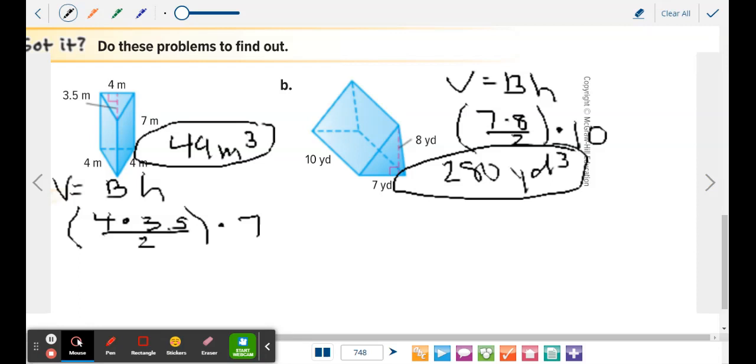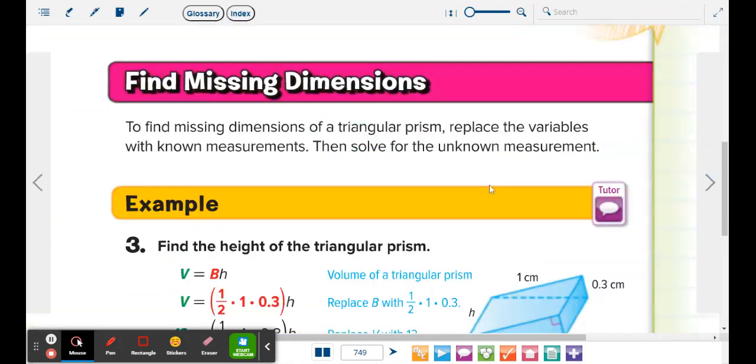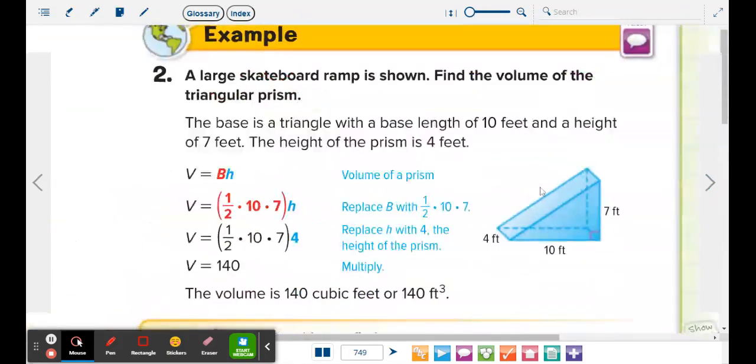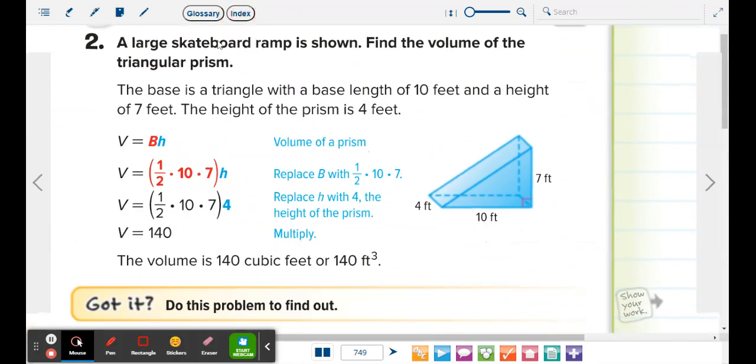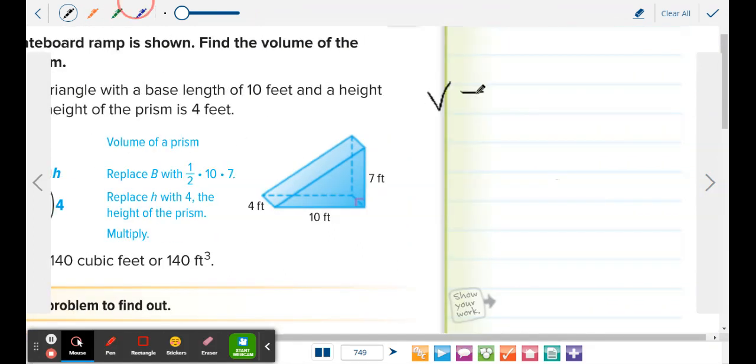Guys, it's just following that same formula over and over again. All right, one last thing here. They are going to have you do a real-world example. So in this case, they want you to find the volume of a skateboard ramp. You're still doing the same thing. Volume equals area of the base times the height. Looking at this triangle, what is the base of the triangle? 10.